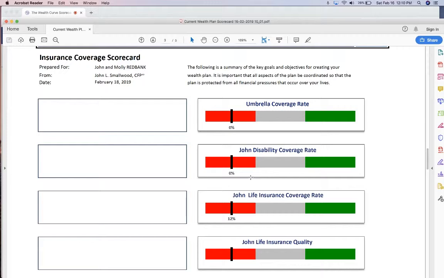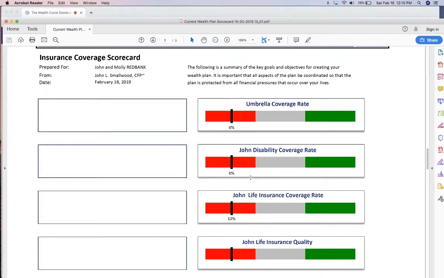Out of the 29 years that I've been doing this, most often people don't have one. And most people don't even know what I'm talking about right now with an umbrella liability policy, okay? Most people do, but some people don't. So let me step back and explain it a little bit. Your car insurance has liability that protects for anything that's related to the car to a certain level or a limit.